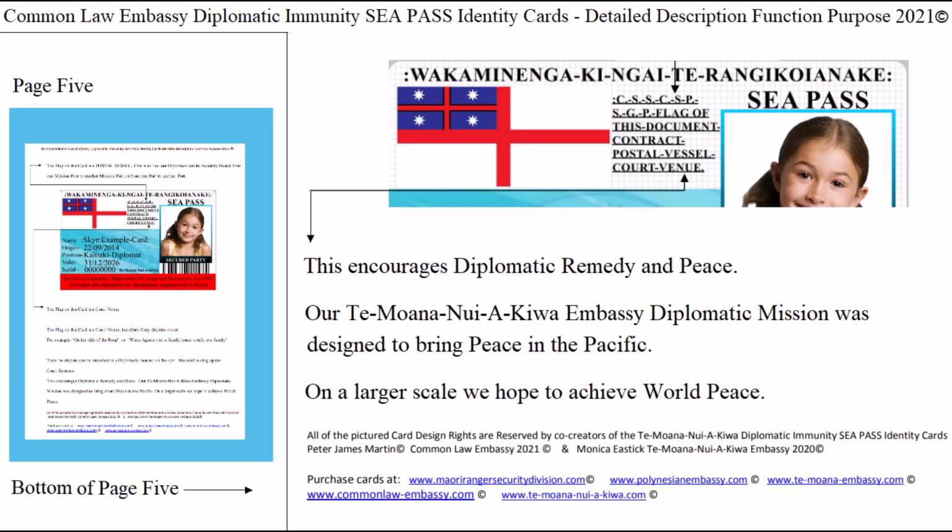Our Te-Moana-Nui-A-Kiwa Embassy diplomatic mission was designed to bring peace in the Pacific, and on a larger scale, we hope to achieve world peace. And have you ever wondered why everything starts here? Like, even all the trading starts here. The trading doesn't start in New York, and the trading doesn't start in Switzerland, it starts here. And that's because all things must start from here. I think it's got something to do with us being in the God zone.